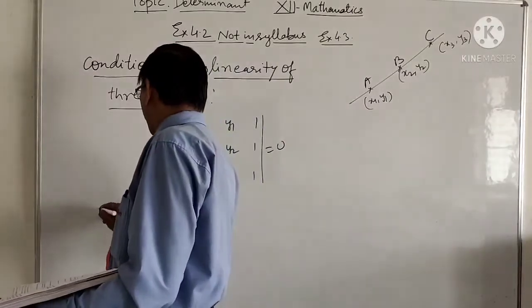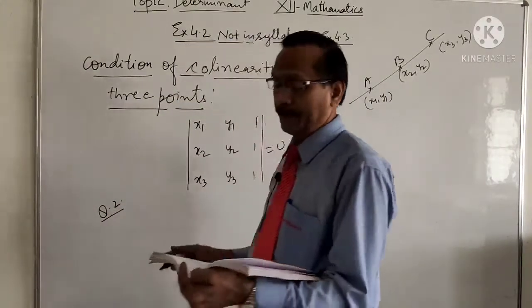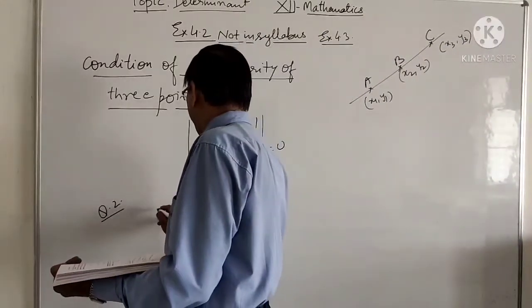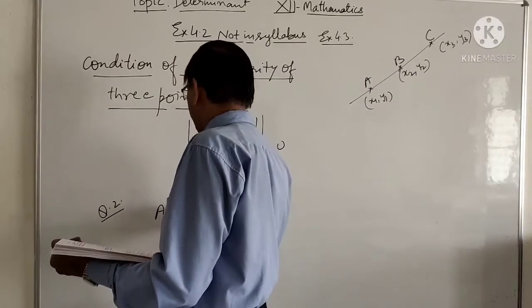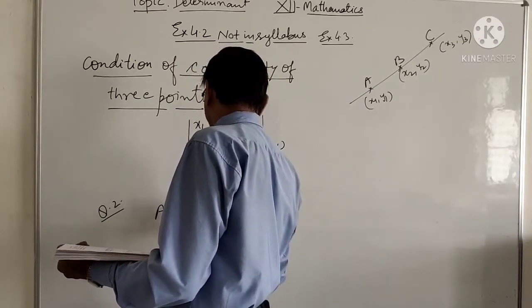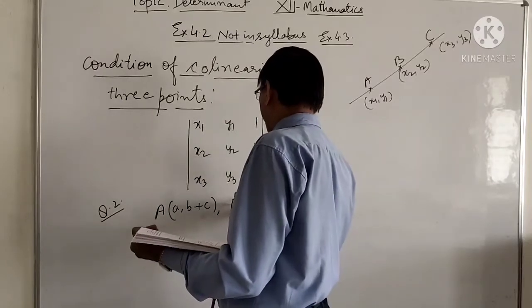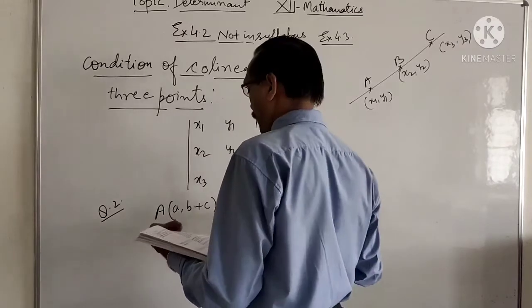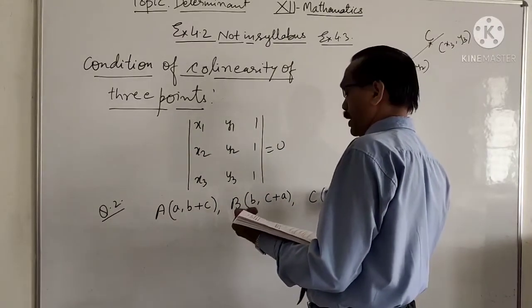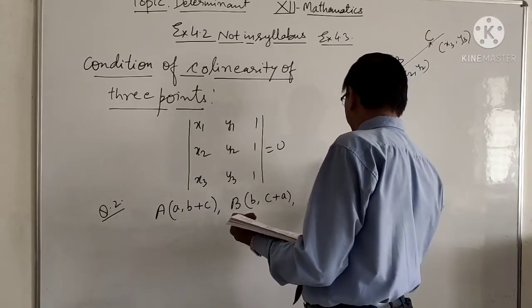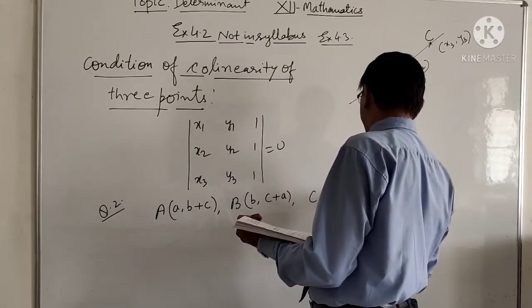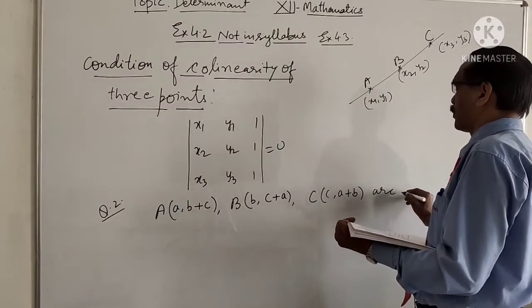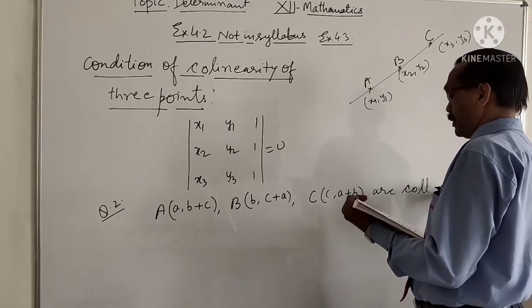Question number 2 from exercise 4.3. So that the points with coordinates (a, b plus c), (b, c plus a), and (c, a plus b) are collinear.